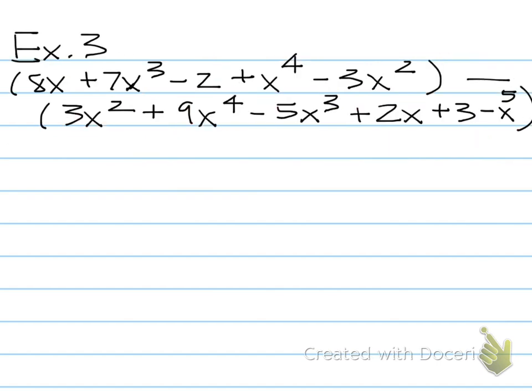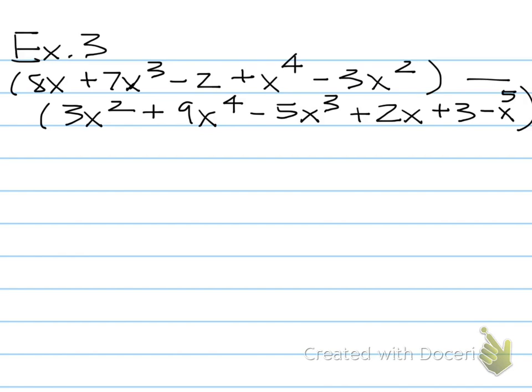All right. Last two examples are subtracting polynomials. The reason why I didn't add subtraction to the title is because subtracting is just adding a negative. So what I will do on both of the examples is just change the subtraction symbol to an addition and then change the sign of everything that is being subtracted.